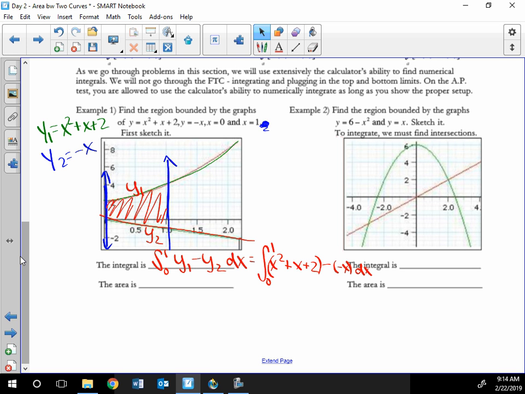I did mine by hand, so let me figure out what the decimal value actually was. And again, as always, just go ahead and double check your answer with someone next to you.